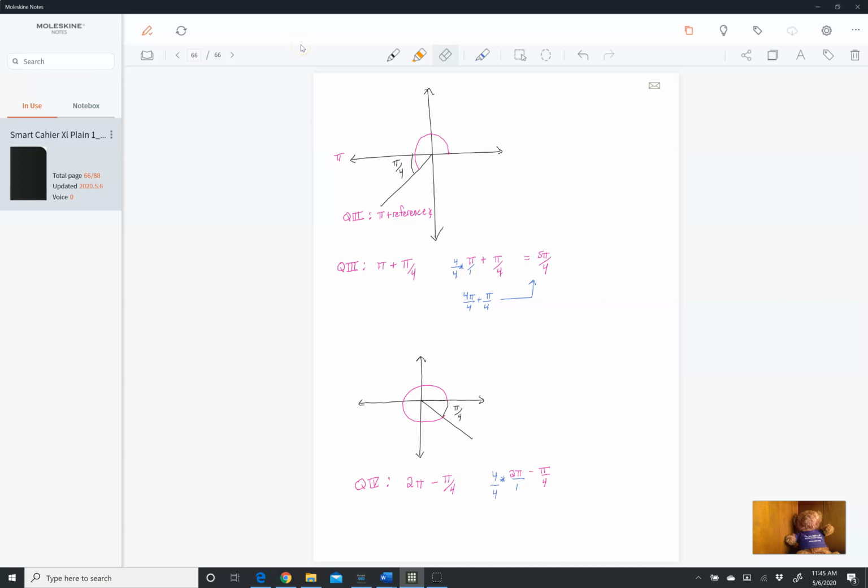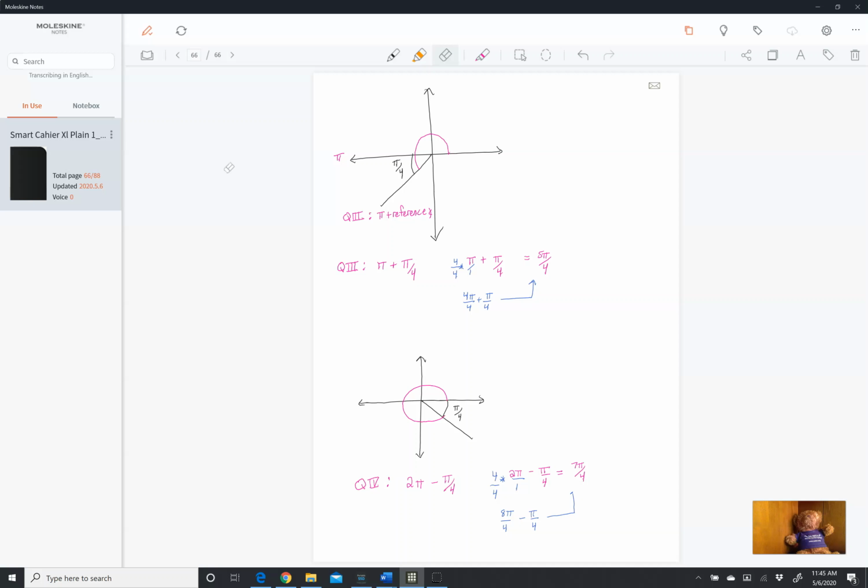What that does is it gives us 8 pi over 4 minus pi over 4. Well, what's 8 pi minus pi? 8 pi minus pi is just 7 pi. So that's how we got those two answers.